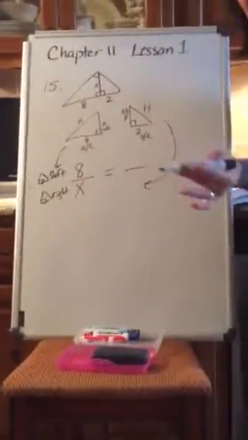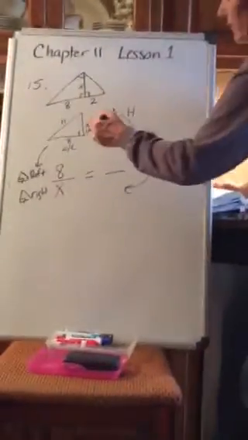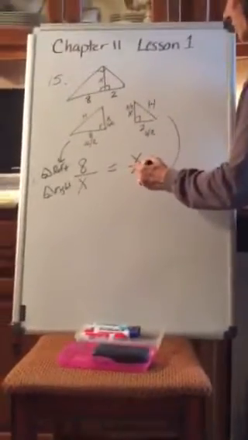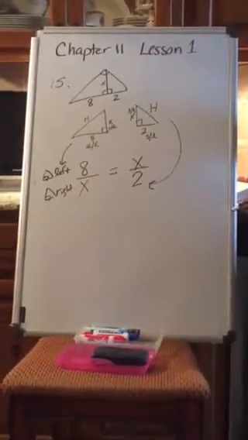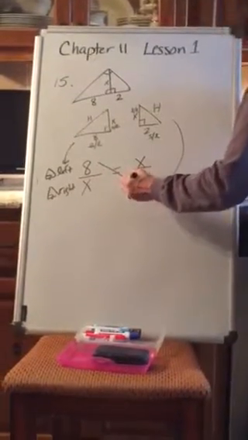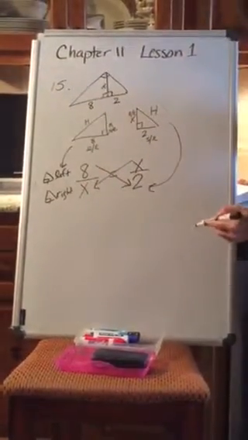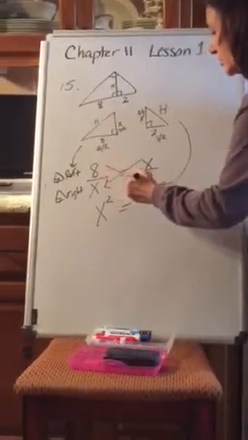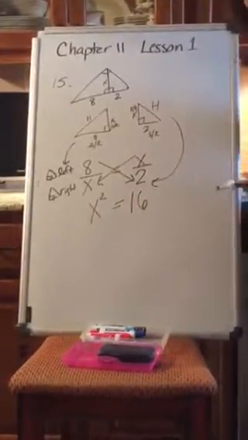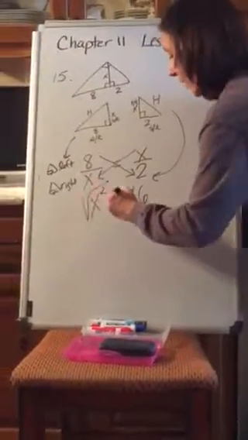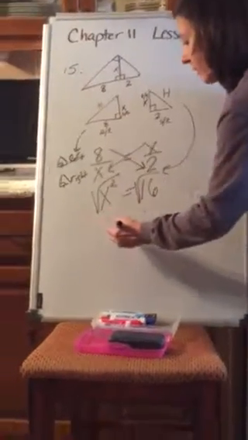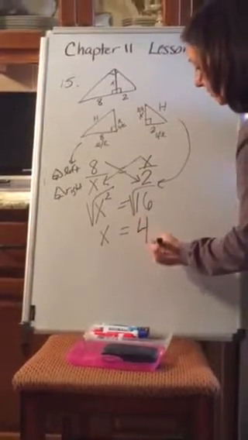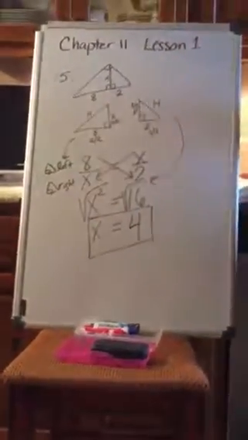X, since I'm solving for X. The short leg on the left side corresponds to the short leg 2 on the right side. Cross multiply. X times X is X squared equals 2 times 8, which is 16. I solved this algebraically by taking the square root on both sides. The square root of X squared is X, and the square root of 16 is 4. X equals 4.